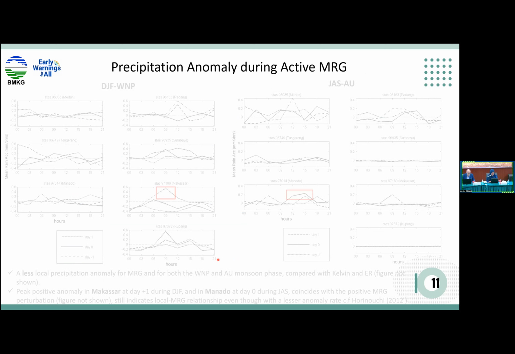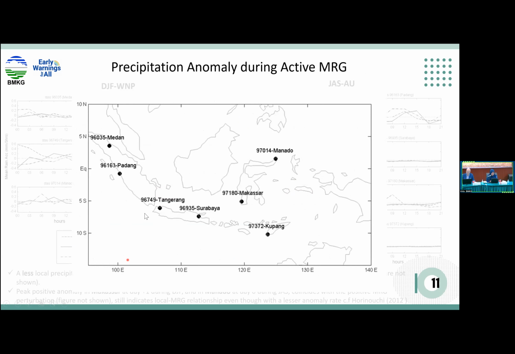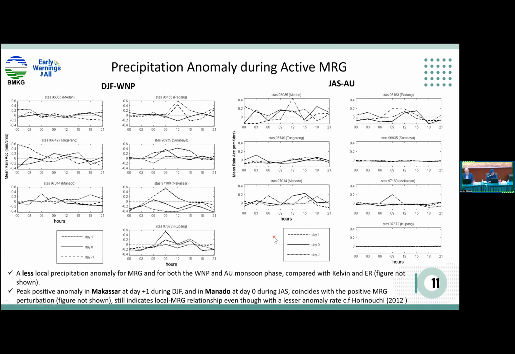And we also identify the precipitation anomaly during active mixed Rossby-Gravity. We take several locations in Indonesia as examples, like Medan, Padang, Tangerang, Surabaya, Makassar, Manado, and also Kupang. To make it fast, I make it simple.